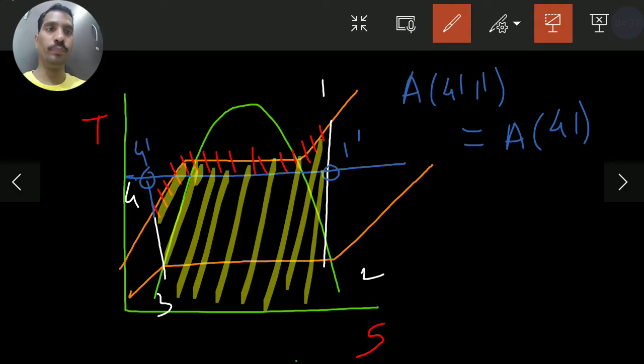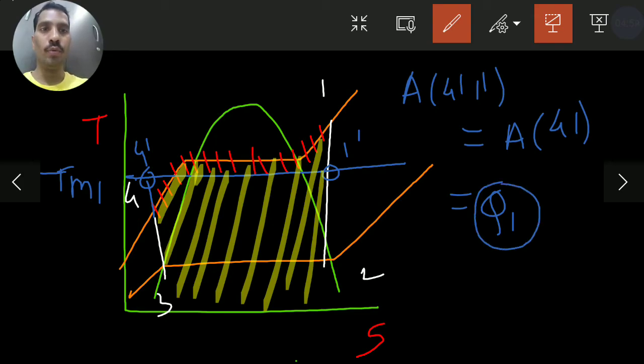Means that we are now considering the mean temperature Tm1 at which the same amount of heat is supplied, that is Q1. Q1 is the heat supplied during the 4-1 process as well as the 4 dash to 1 dash process.